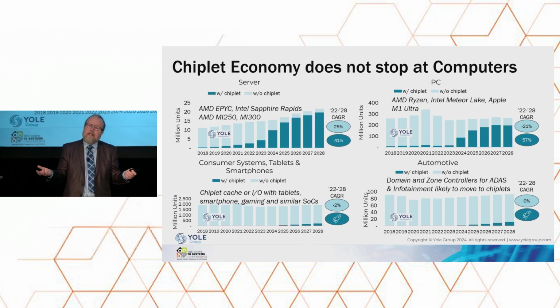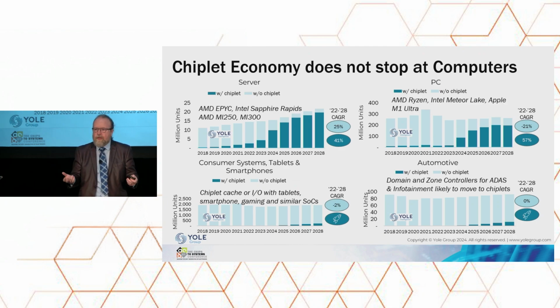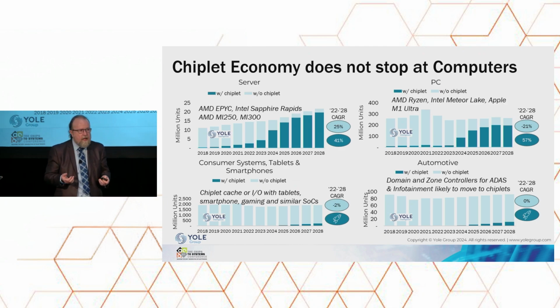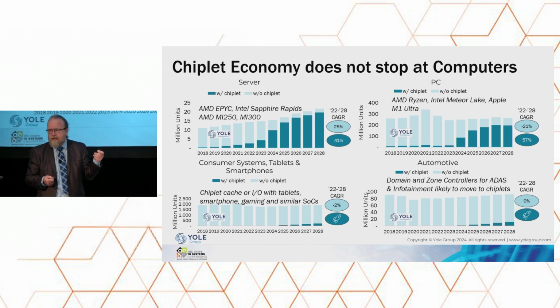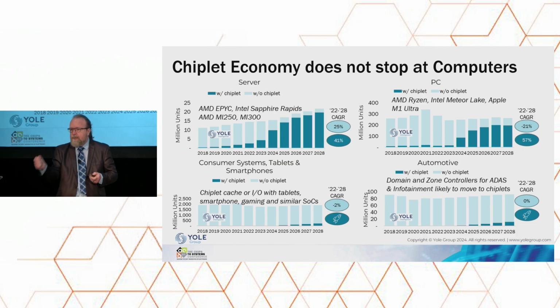So it's not going to stop in the CPU world. It's not going to stop in microprocessors for servers and for PCs. Here we're giving you some free market related data on where we think chiplet-based design is next going to penetrate the fastest. So obviously you see a huge penetration in the data centers, almost taking over data center solutions.